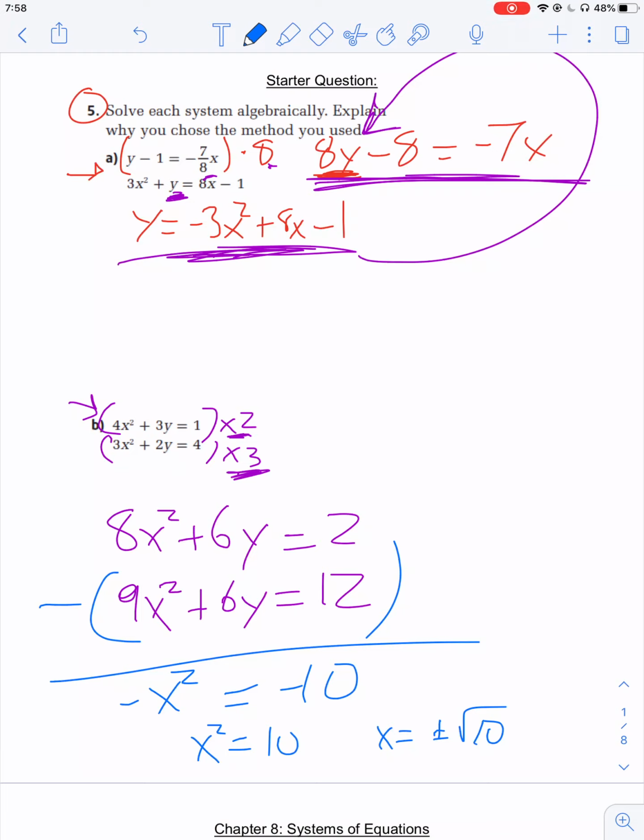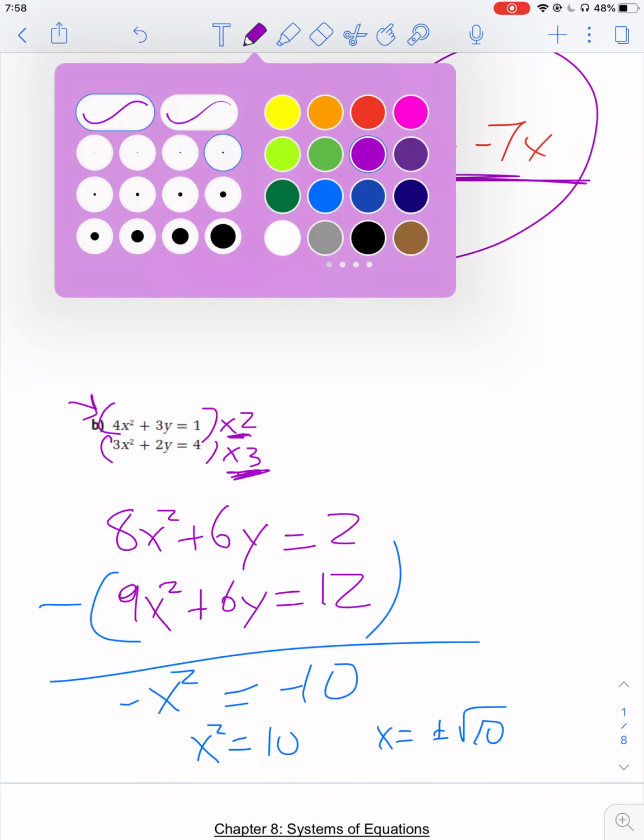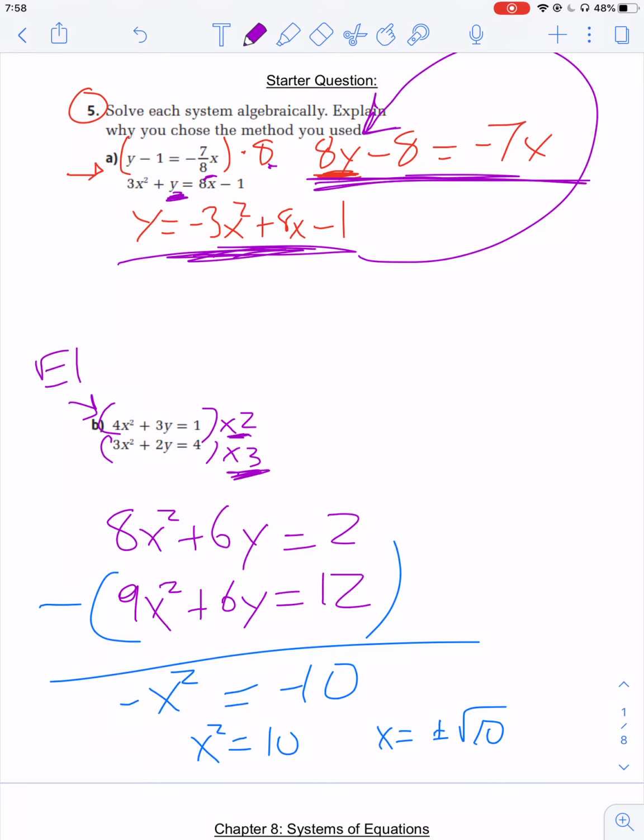So again, I'm not going to finish this off. I'm just showing you when it makes sense to use which technique. Here I would go with elimination, and here I would go with substitution. But before I use substitution, I'm actually going to multiply the top equation by 8, which is what I did over here, so that I can get rid of my denominator.